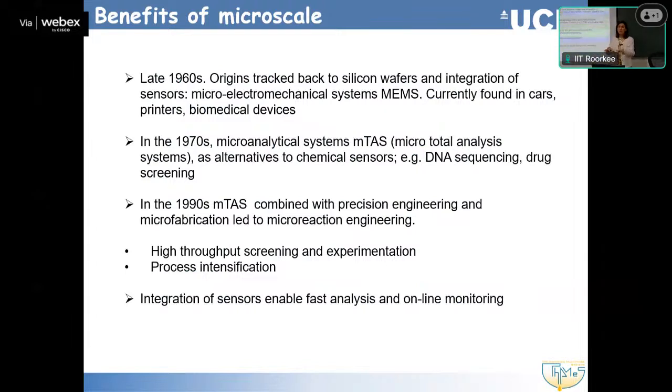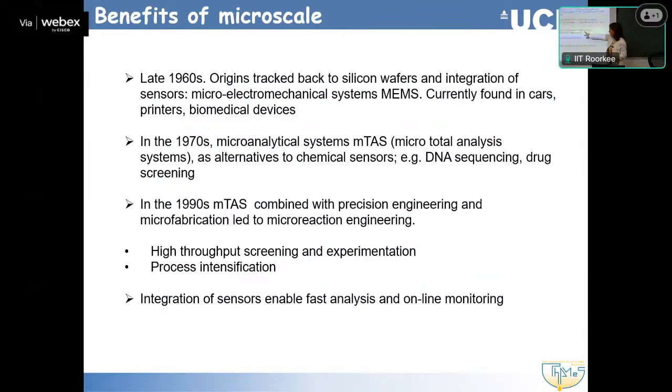So it was not just wafers, but different devices fabricated in different ways to actually have our micro devices for chemical engineering applications.